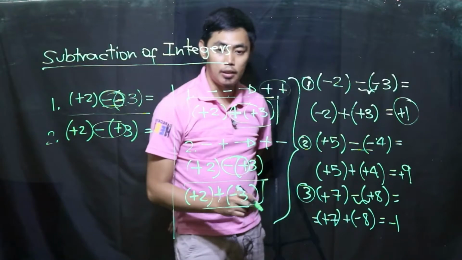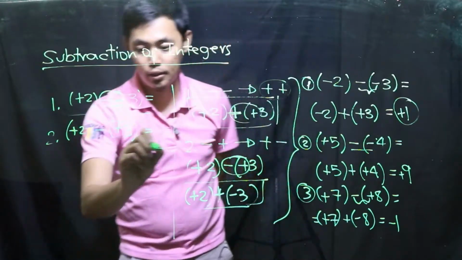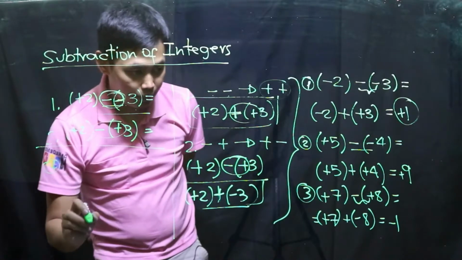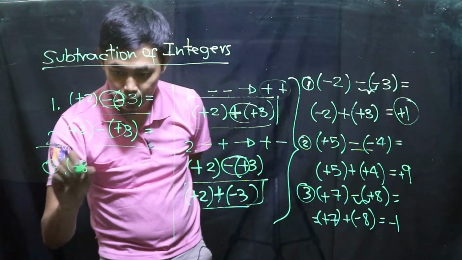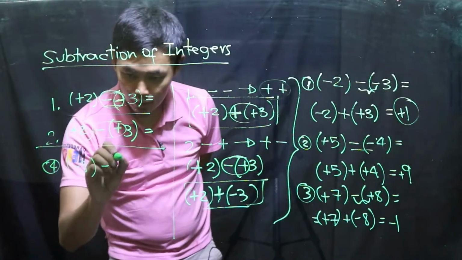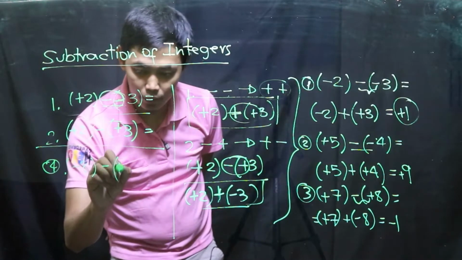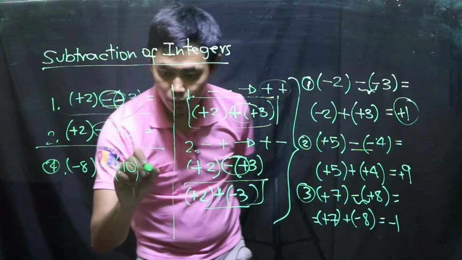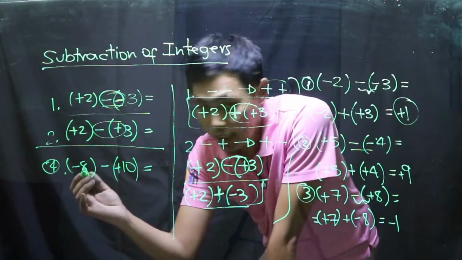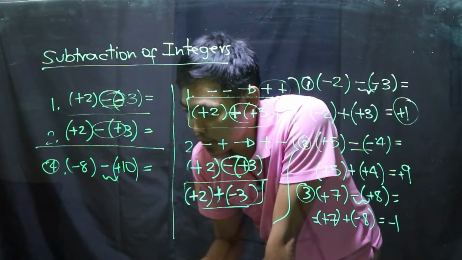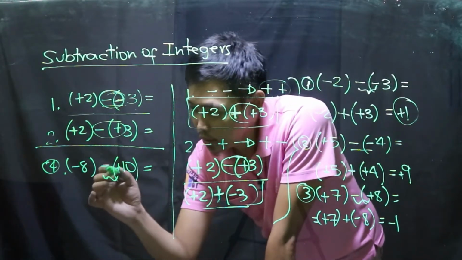Okay. Last example, and we will write it in here. So number 4. So shall we say negative 8 minus, shall we say positive 10. So what would be the answer? So negative 8 minus positive 10. Look for the center symbols, center signs.